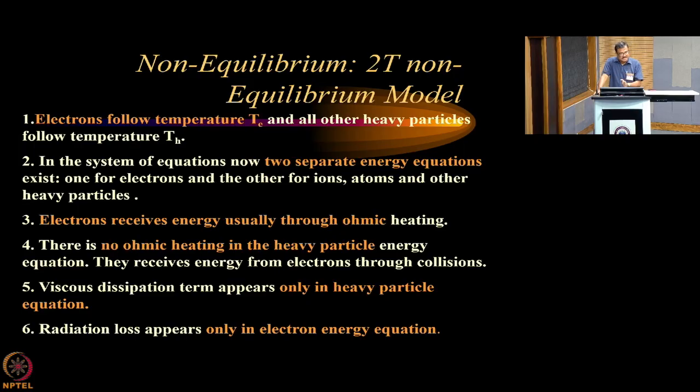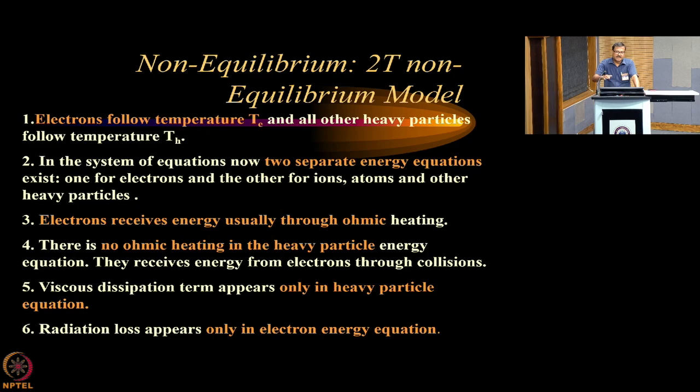You understand that when a gas is moving, it is basically the atoms which are moving. So this viscous term appears only in the heavy particle equation, and radiation loss appears only in the electron energy equation. So these are the considerations that we will include in the system.